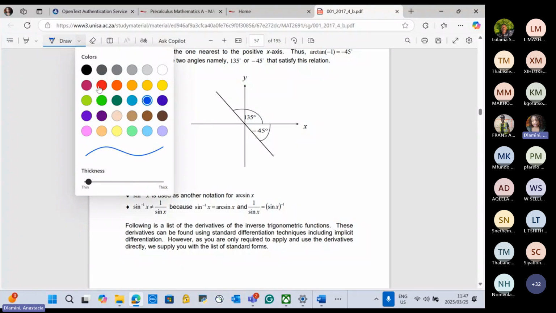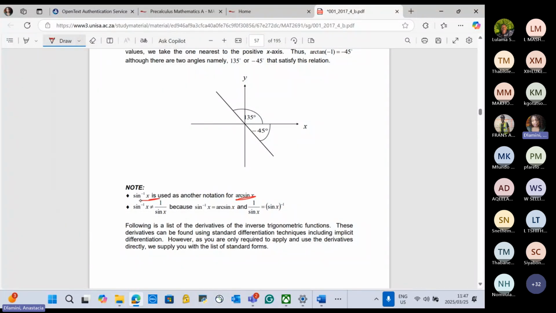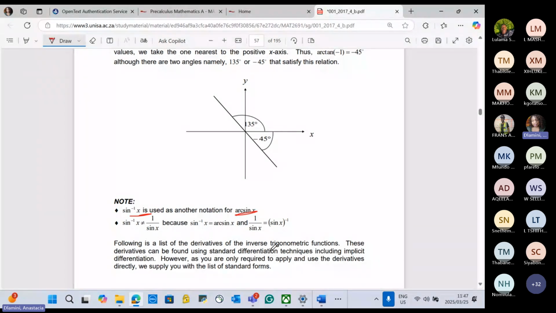Those are the two notations I can use. So don't get confused and say, this one I didn't teach you. Now they are saying that the inverse of sine is not 1 over sine x, because the inverse of sine is equal to arcsine x. And 1 over sine x is everything in brackets to the power of negative 1. Are we all together?